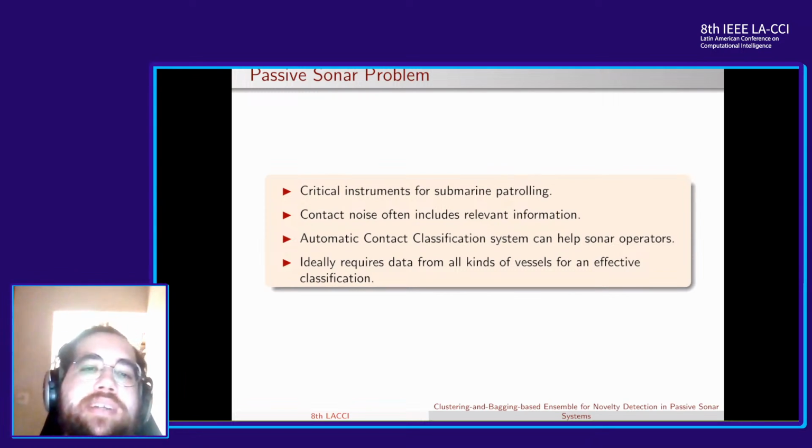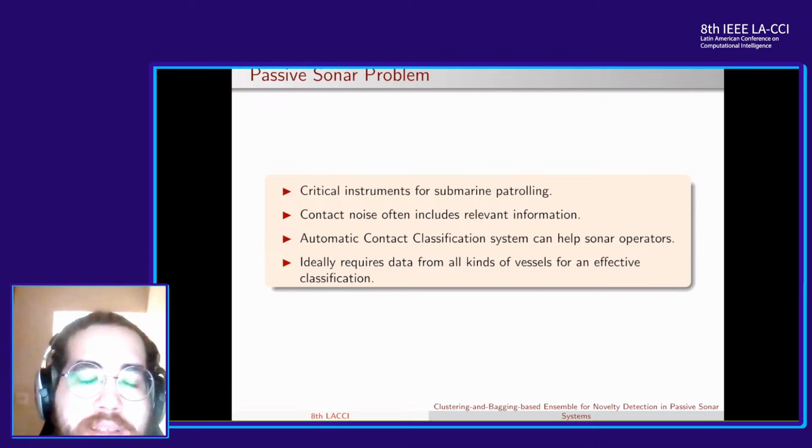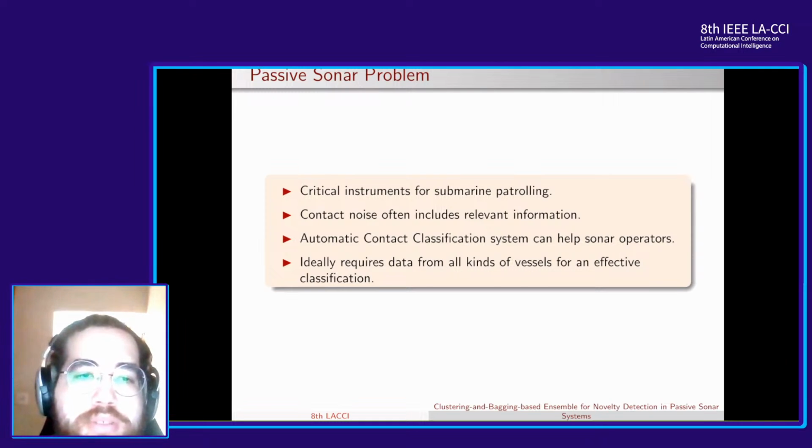Automatic contact classification systems may be a valuable tool for sonar operators, since they make such tasks more manageable, improving decision-making efficiency and reducing the operator workload. To deploy efficient automatic contact classification systems, ideally, such a process must consider a database with most, if not all, existing vessels.